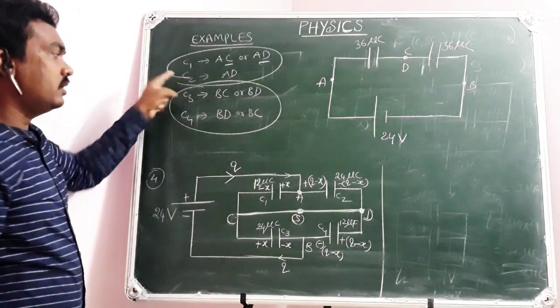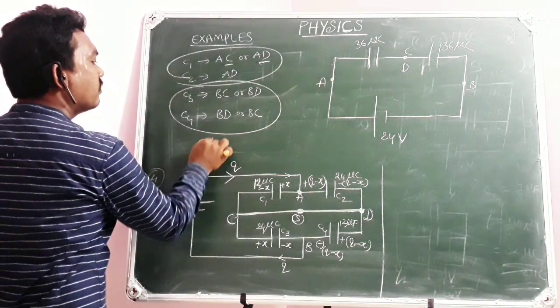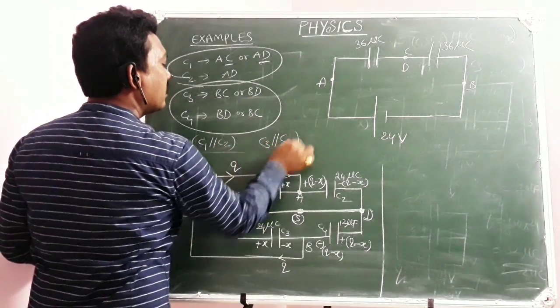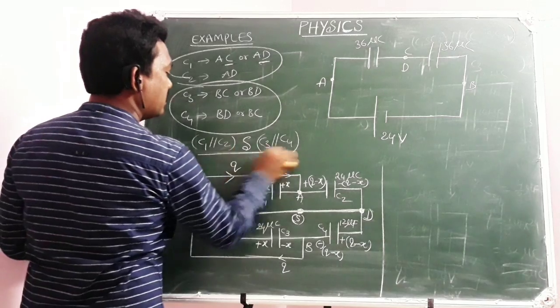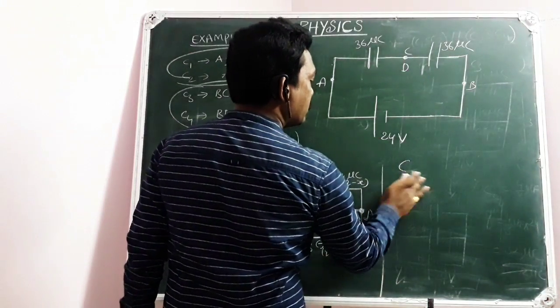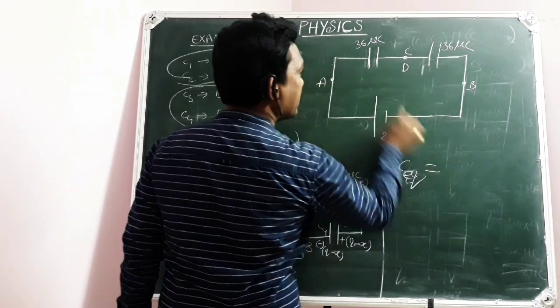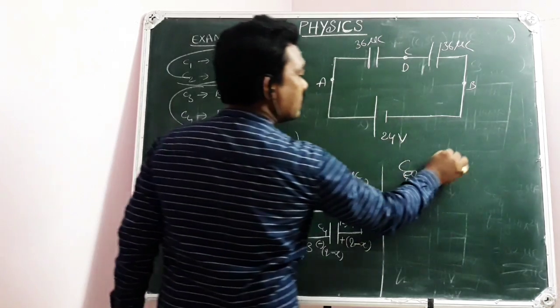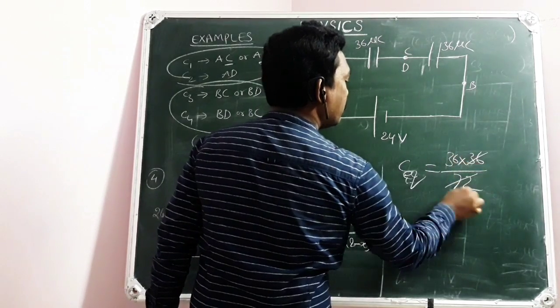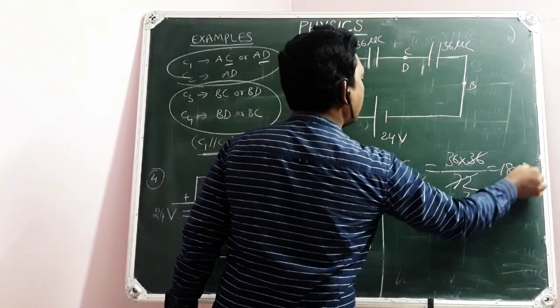So C1 and C2 are in parallel, C3 and C4 are in parallel. Again, those two will be in series. So now the equivalent capacity, these two in series: C1 into C2 by C1 plus C2, which is 18 microfarad.